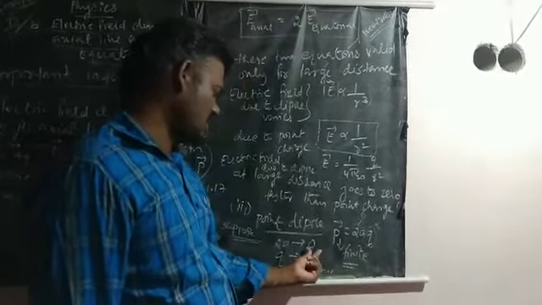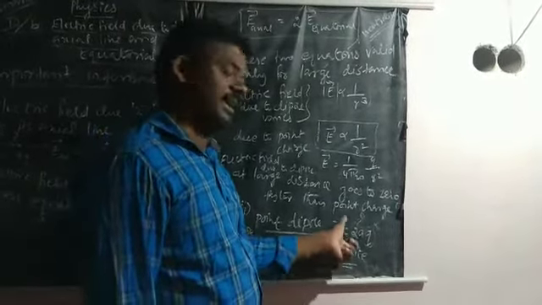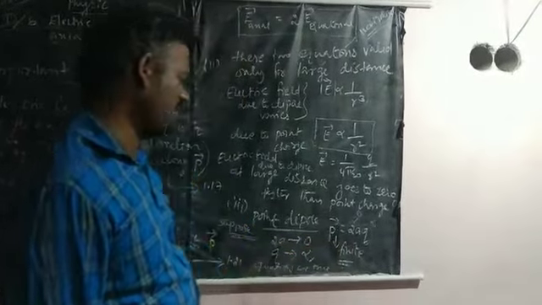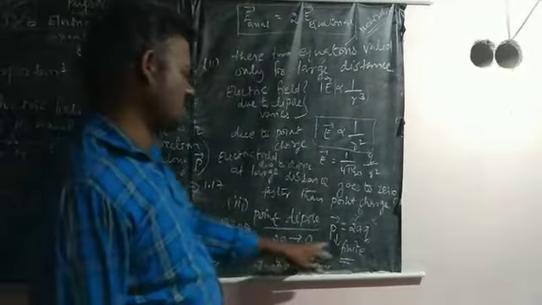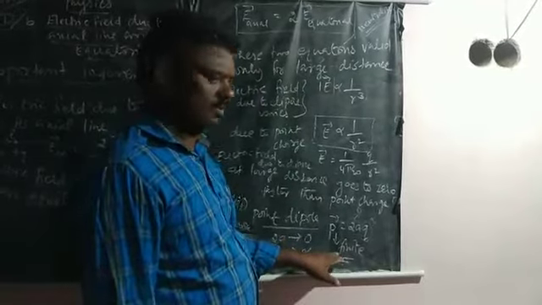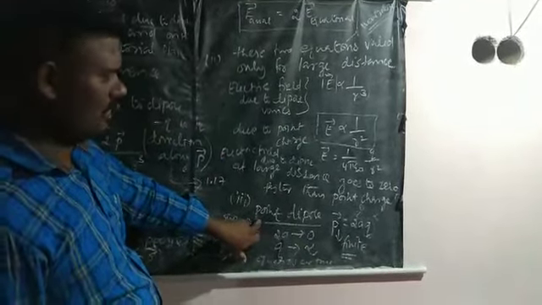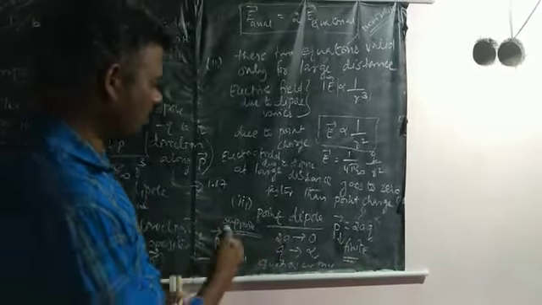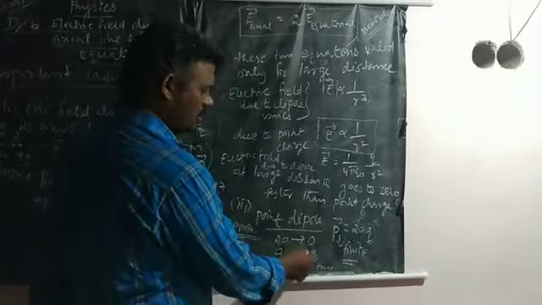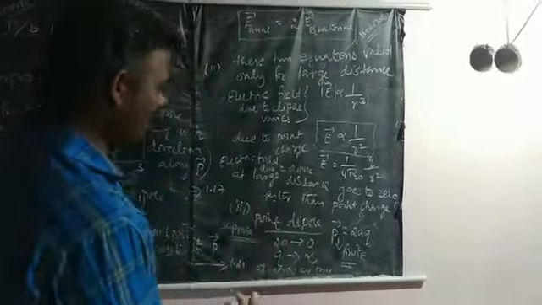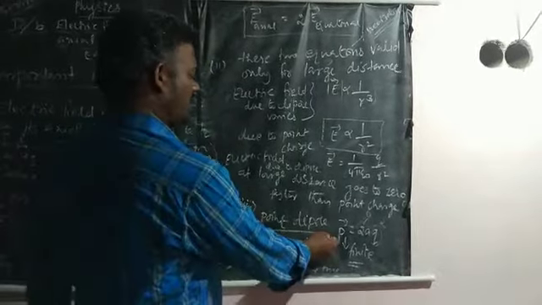The product of 0 and infinity is finite, or the electric dipole moment of a molecule is a finite value. Then we call the dipole a point dipole. Point dipole means the product of 2A and Q, the product of 0 and infinity, is a finite value. The electric dipole moment gets a finite value.